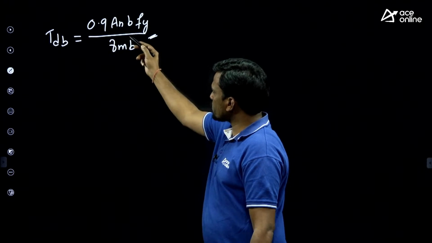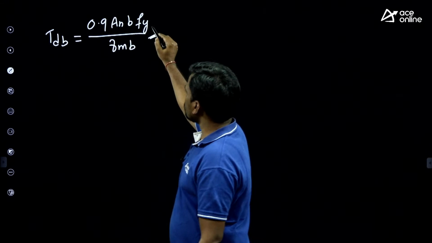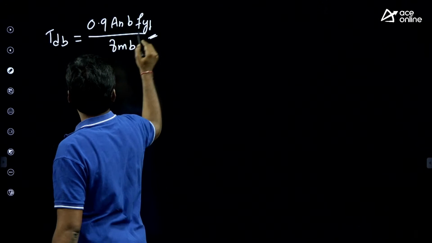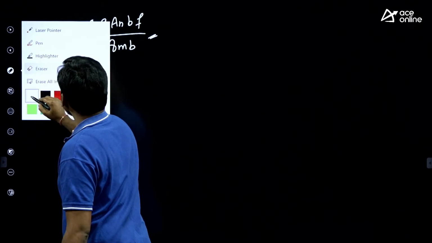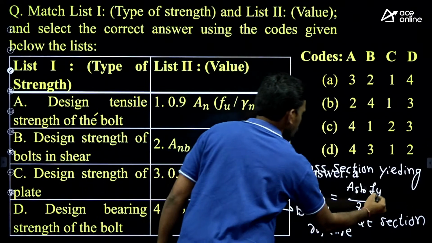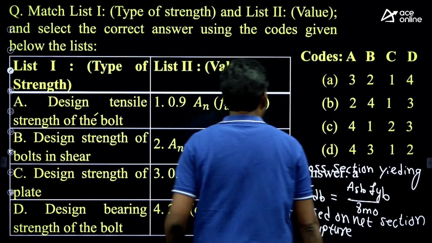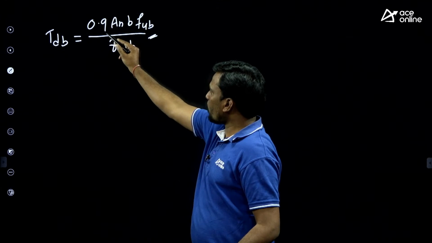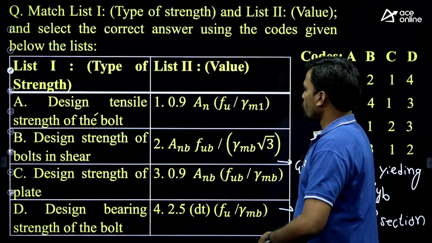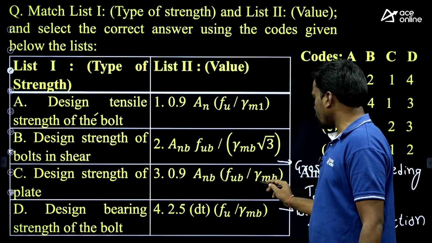Now check, is the formula present? This is FUB, because it is bolt strength, right? Now check, is the formula present? 0.9 ANB FUB divided by gamma MB.